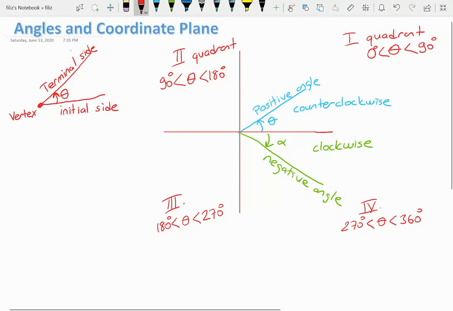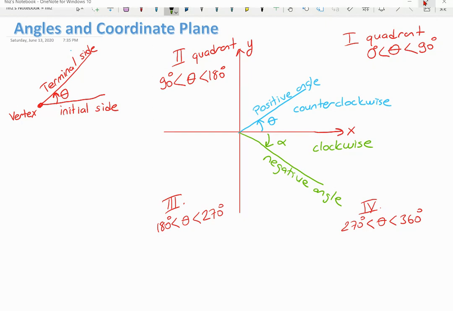So in the coordinate plane, this is the x-axis and this is the y-axis. In the first quadrant, x is positive and y is positive. Here, x is negative and y is positive.